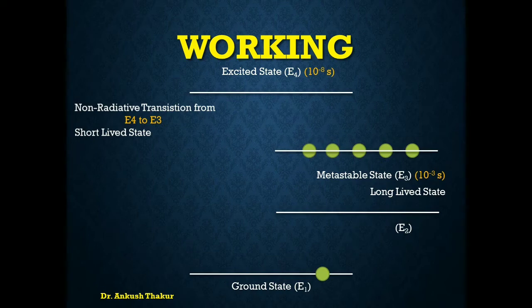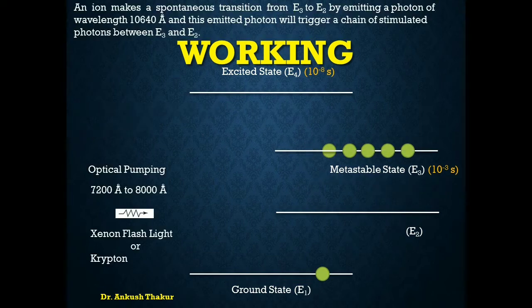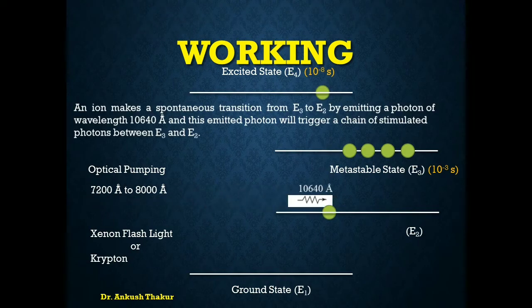When the atoms get accommodated in the E3 state, while the optical source is on, any ground state atoms present move toward the higher state. Atoms present in the metastable state de-excite to the E2 state.